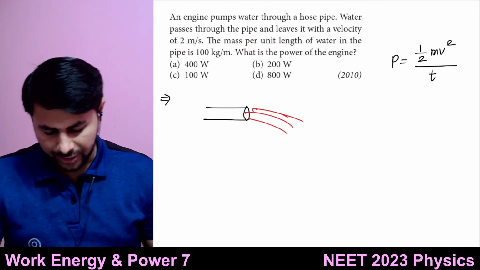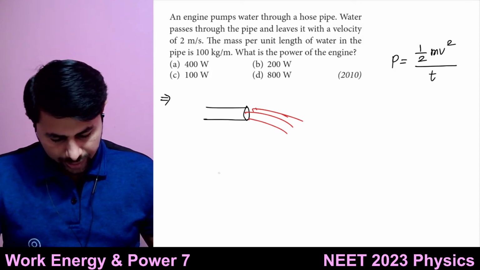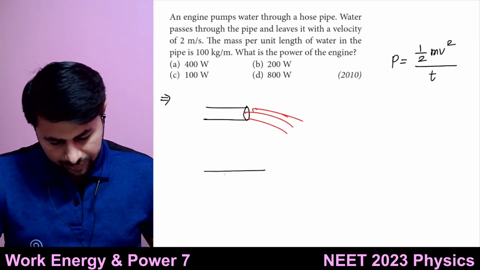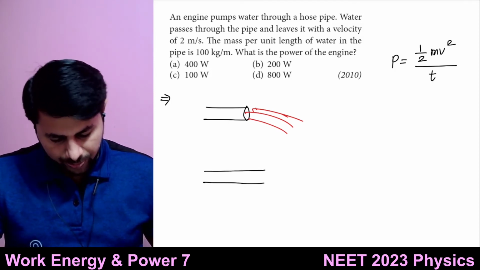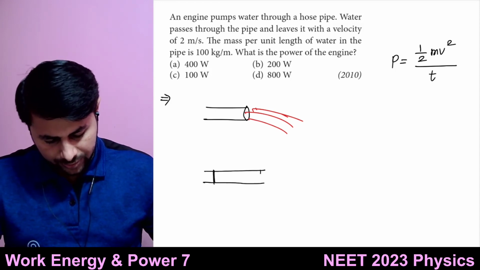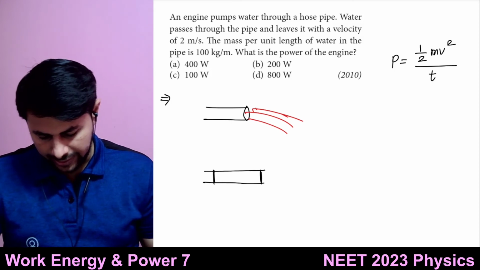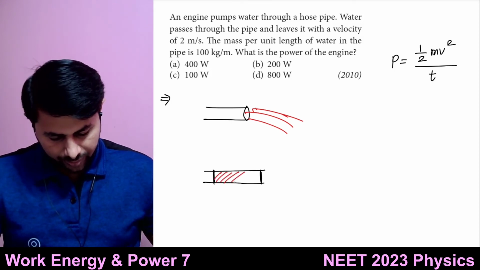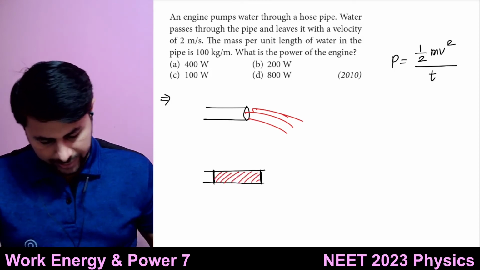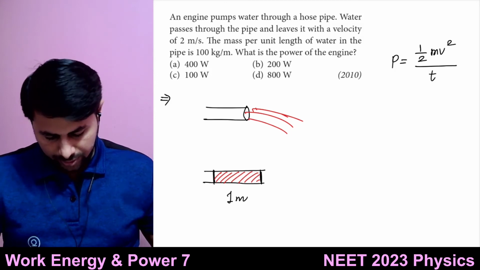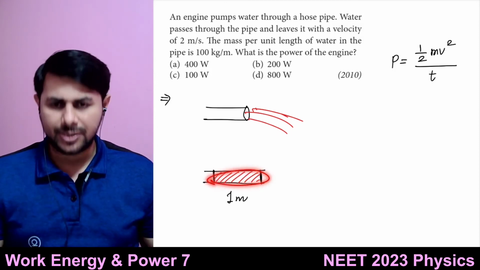So mass per unit length. Suppose length equals 1 meter. Mass in this much length is given.